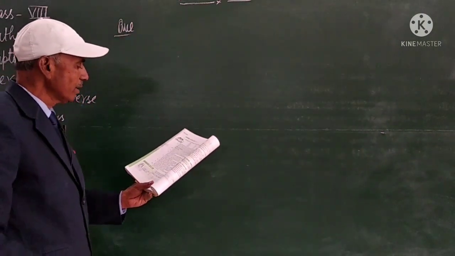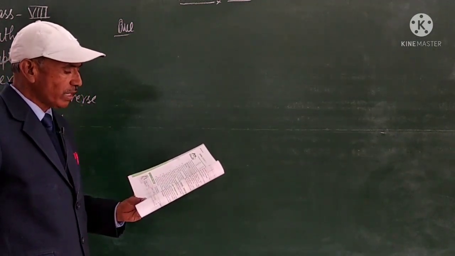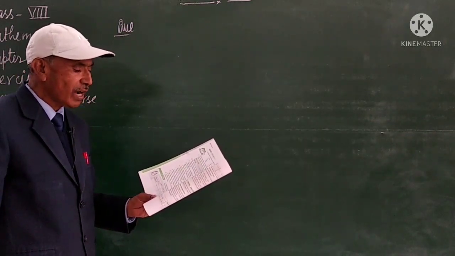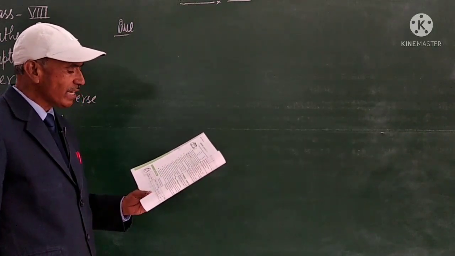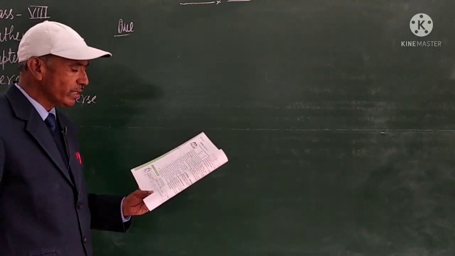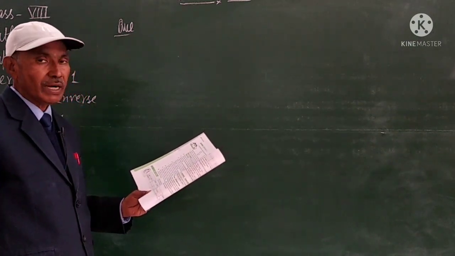Question number 7, it is given that suppose 2 kilogram of sugar contains 9 into 10 to the power 6 crystals. How many sugar crystals are there in first part 5 kilogram of sugar, and in second part 1.2 kilogram of sugar?